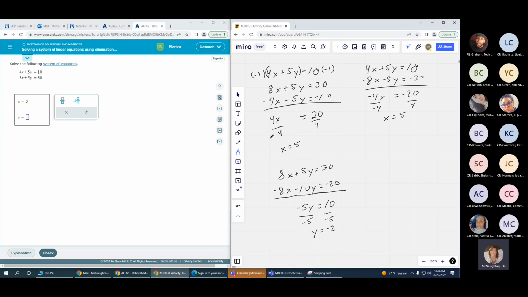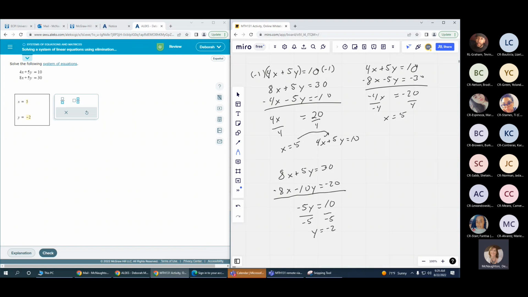So it doesn't matter. Once we have one of the solutions, x equals 5, I want to show you y is going to be -2. It's easiest if we take this answer and stick it back into one of the equations. It doesn't even matter which one. So we had 4x plus 5y equals 10.